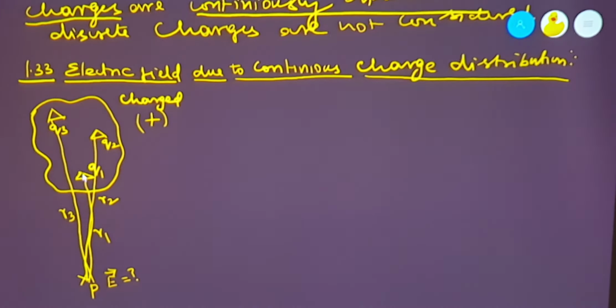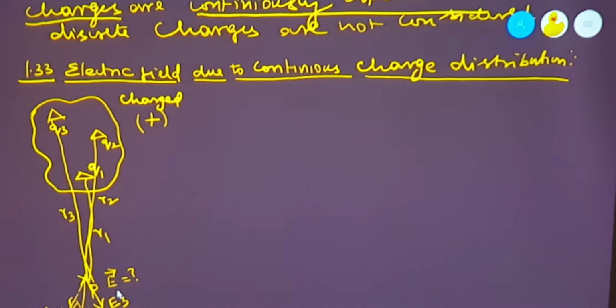Due to Q1, the electrical field will be acting away from that positive charge, and let it be E1. Due to Q2, it is also acting away, let us write it as E2. Then let us consider Q3. Due to Q3, it is acting away, let it be E3.